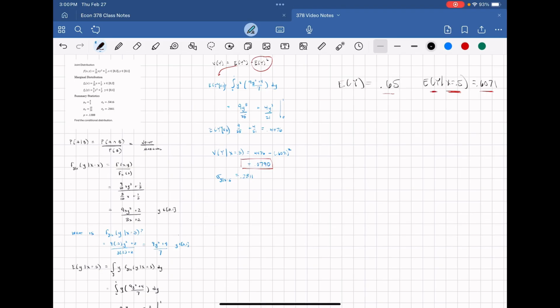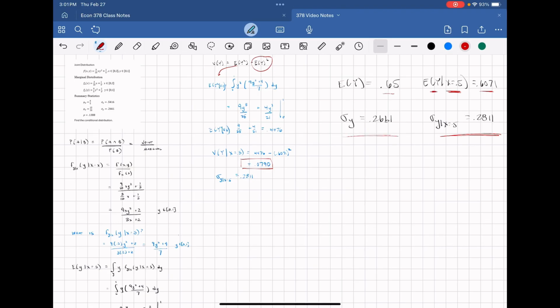Similarly, the unconditional standard deviation of y is 0.2661, but the standard deviation of y conditioned on x equal to 0.5 is 0.2811. So with more information about x, we can update our estimate for the standard deviation of y.